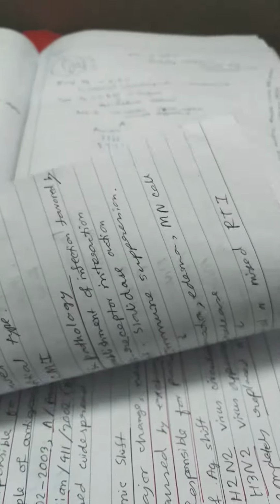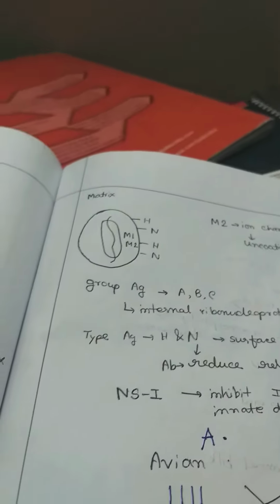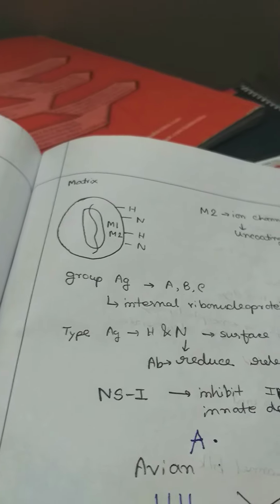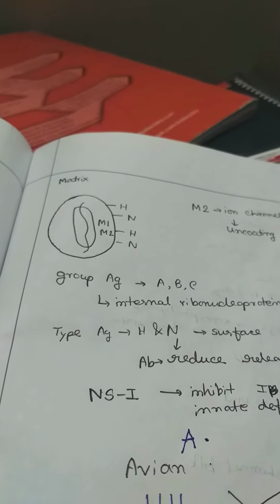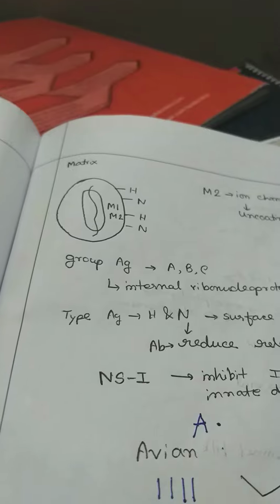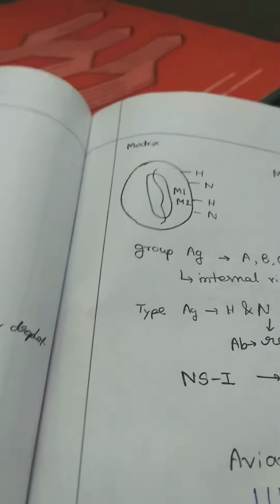Although 8 segments of RNA, but 10 proteins. Among them, 8 are structural proteins and 2 are non-structural proteins. And it has an envelope and a helical nucleocapsid. This is the structure.